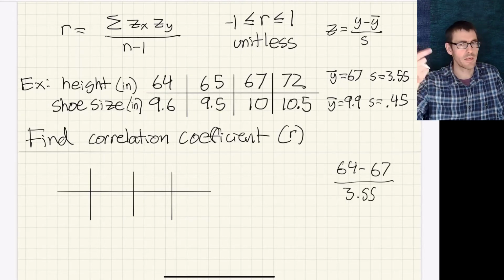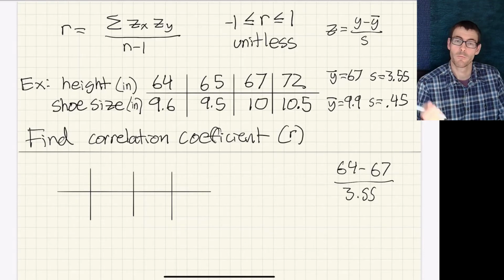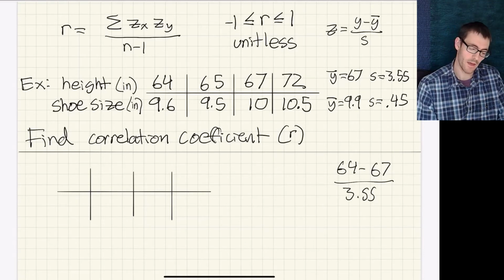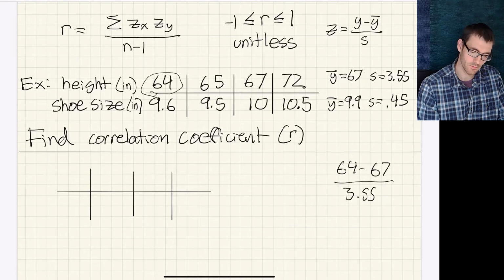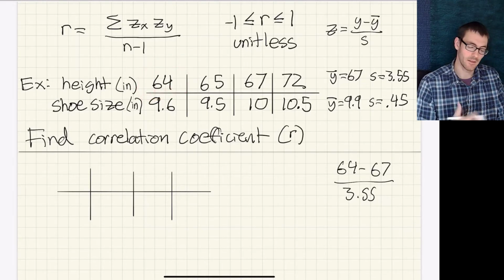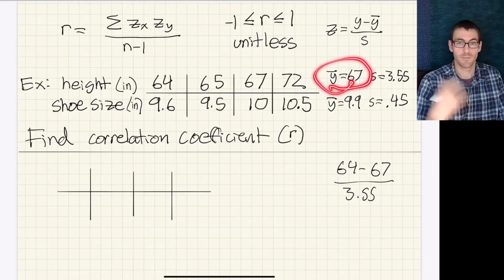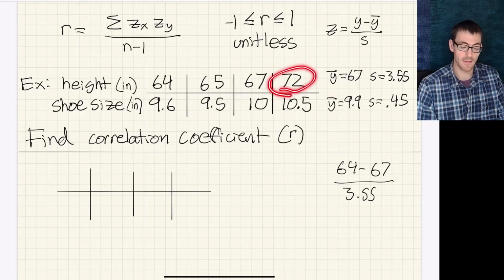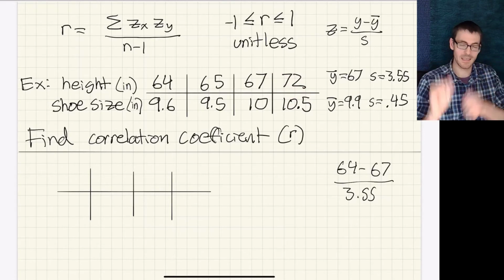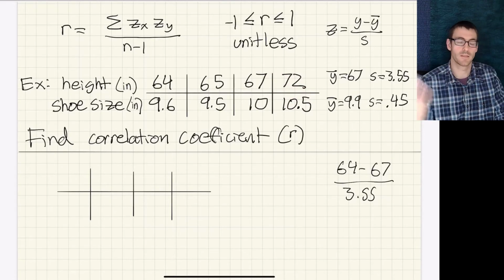And remember, this being positive or negative is relevant. If we have a negative number, that means that our value is less than the mean. And if it's a positive value, then the number in question is more than the mean. So make sure that you keep that z-score number positive or negative.